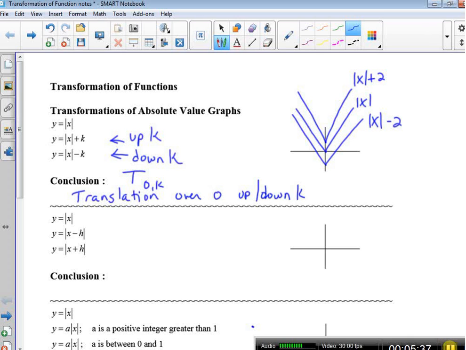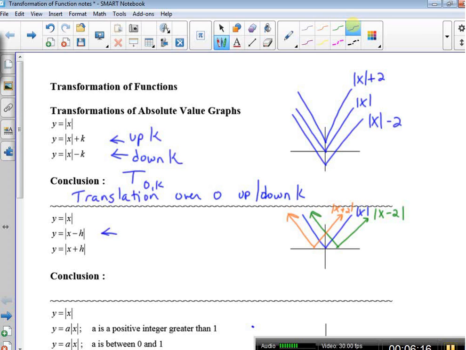The other one, we noticed that when we did x minus 2, it went 2 to the right. So here's absolute value of x. And if I go 2 to the right, different color. And then if I did plus 2, that went 2 to the left. Okay, so for that one, we would say it's the opposite.